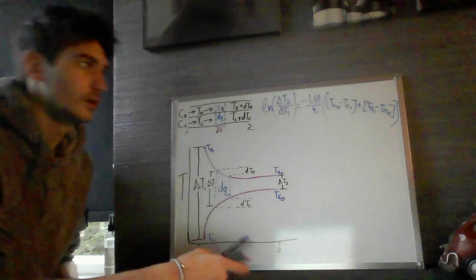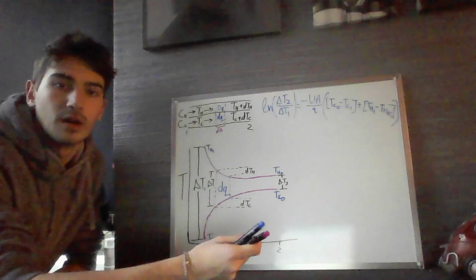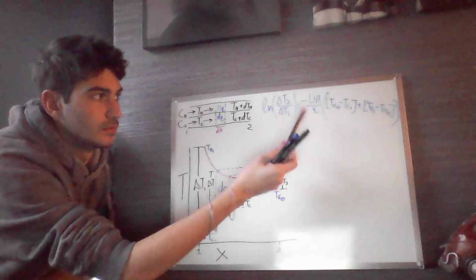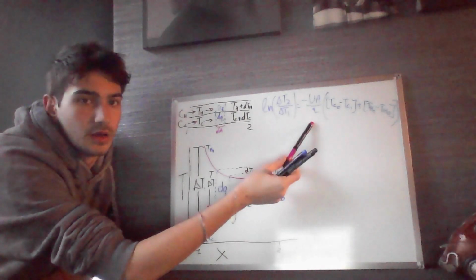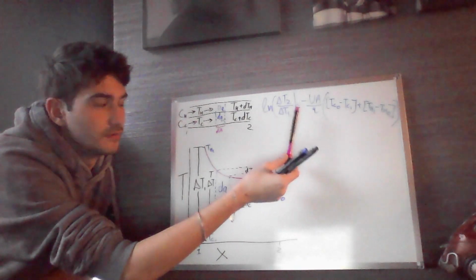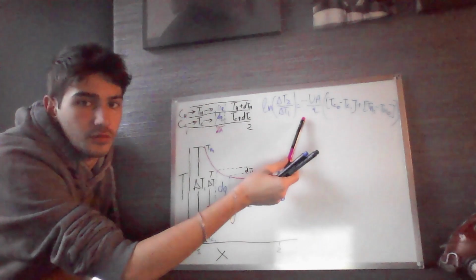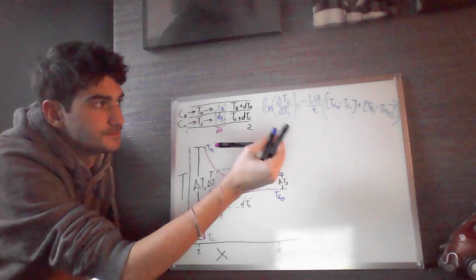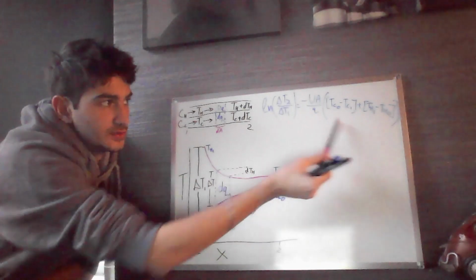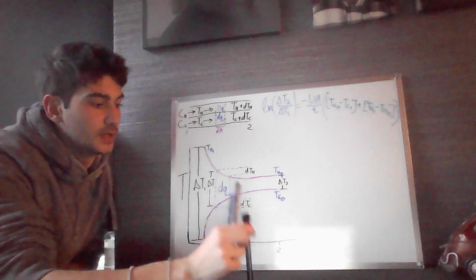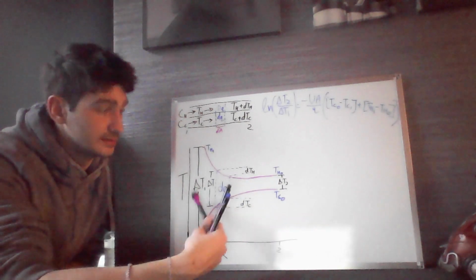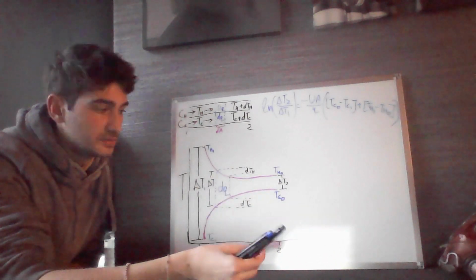Okay, so we're at a pretty good point now. We just have to do a few final things, as you may notice. We have Q, our heat transfer rate. We have our U, our overall heat transfer coefficient, and also A. The only thing we're missing is these two terms. However, you may notice we can rewrite them in terms of delta T1 and delta T2, right?